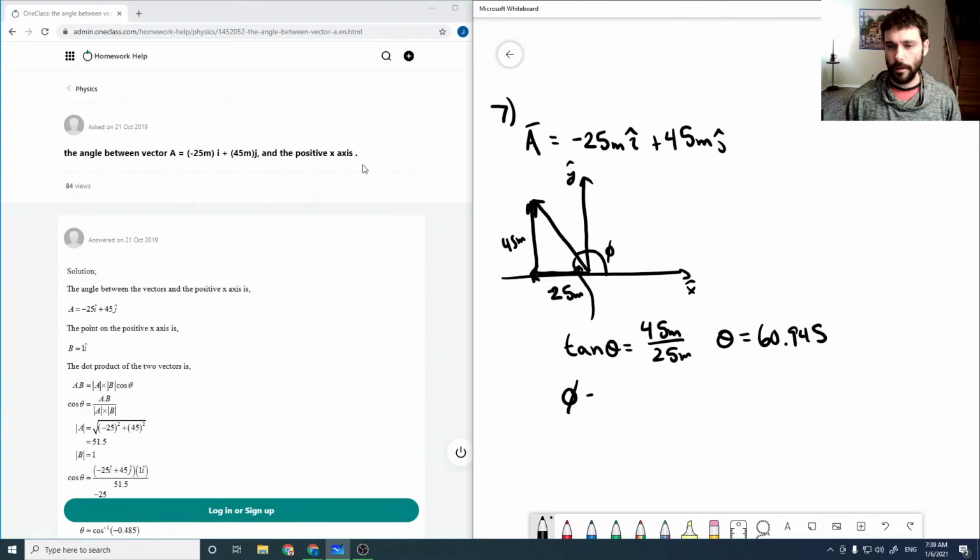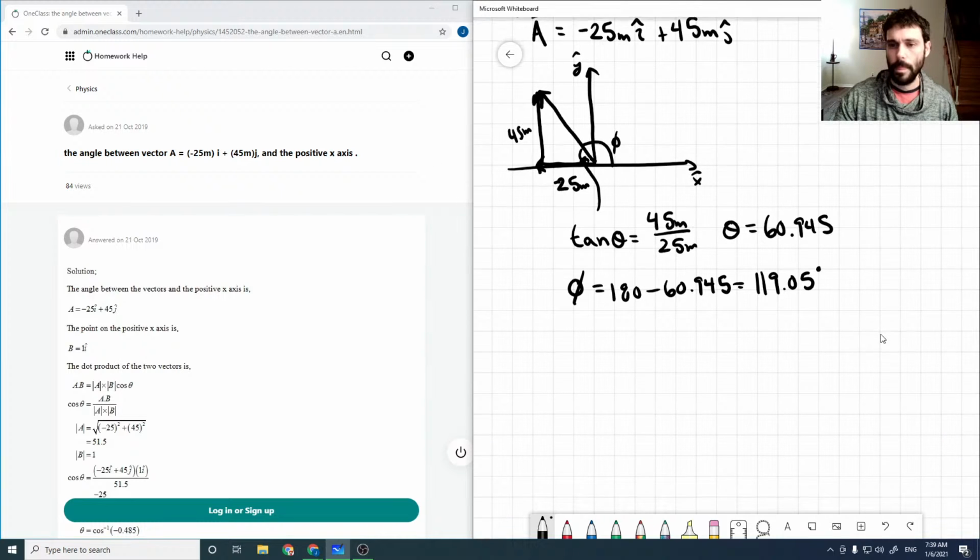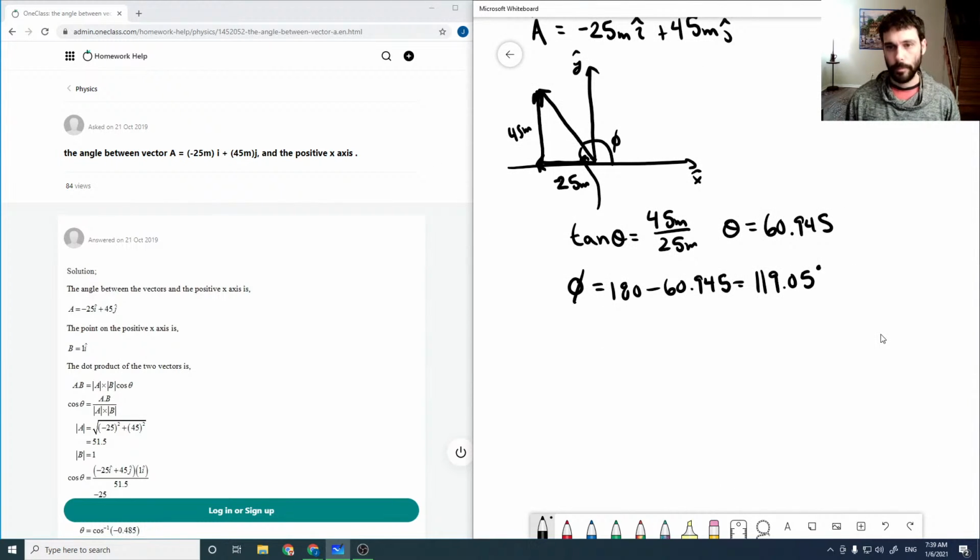And so then our angle to the x-axis is 180 minus this, which comes out to be 119.05. Like I said, we can compute this in a couple ways. So we could do it this way, or we could use our dot product notation.